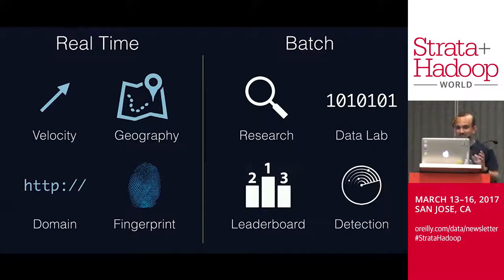In order to answer that question of how many threats are happening for more people in more places, in more ways, on more days, we have to look at certain parameters. Some of them are real-time parameters and some of them are batch parameters. For example, we need to look at the velocity, so how fast these security threats are happening across the world, and what geographical locations are being targeted.